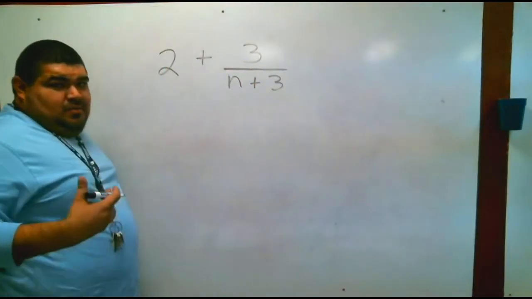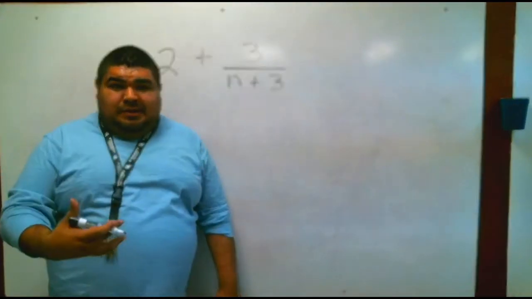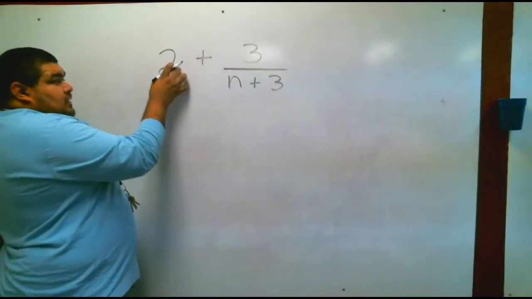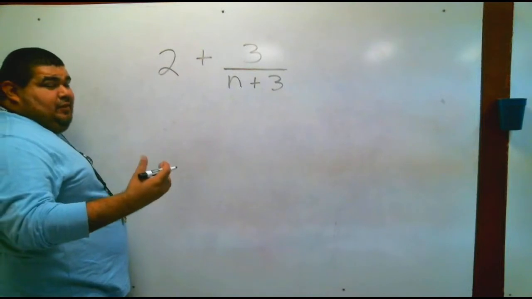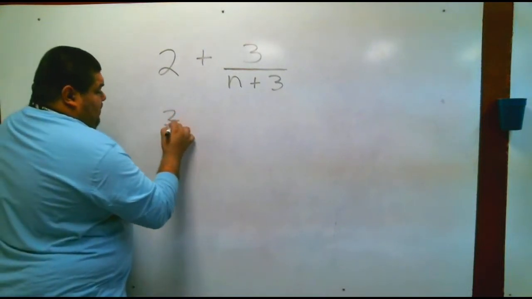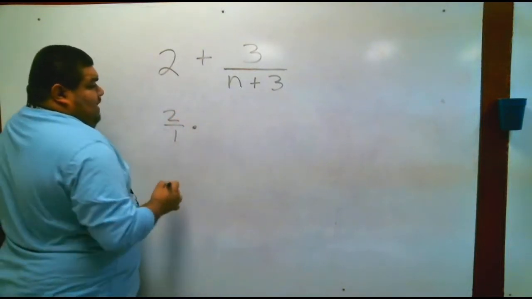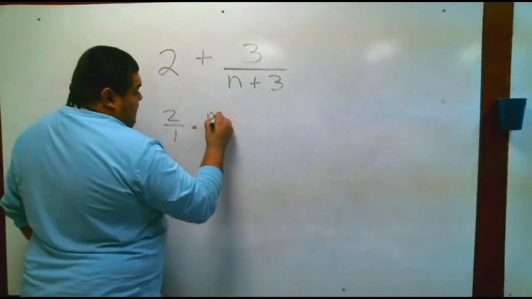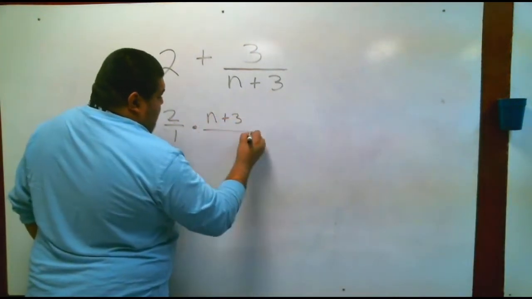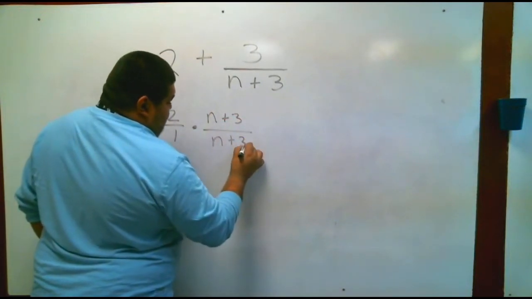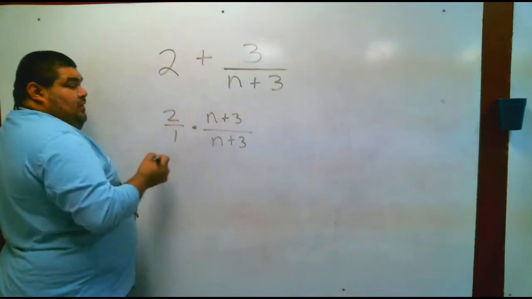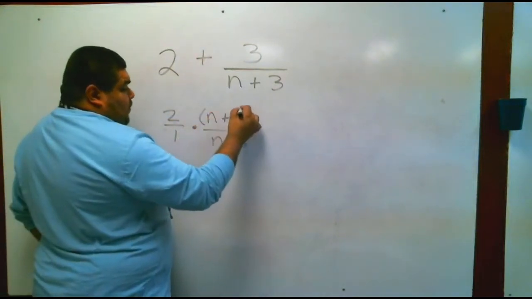Again, remember, we're trying to find the same denominator to combine them as much as we can. Since it's just a 2 by itself in the front, it's 2 over 1 times the denominator we want, which in this case is n plus 3 over n plus 3. Since you're dealing with numbers, we're going to FOIL.